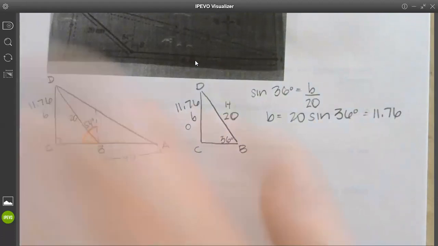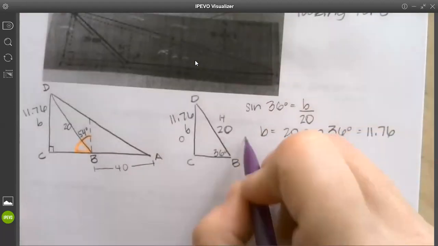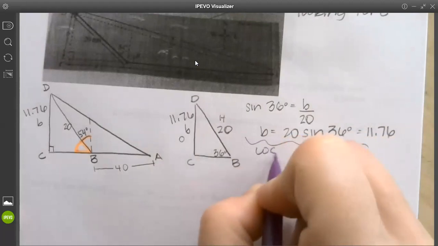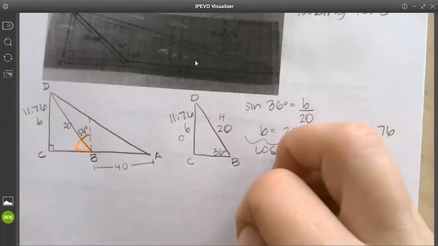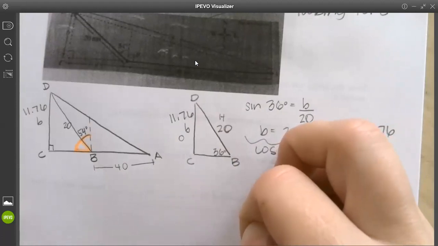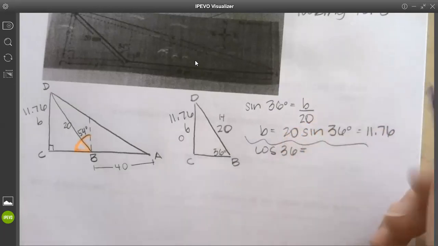The reason that's important is so I can get the bottom. I need the bottom as well. Solving this whole triangle, how do I get the bottom? You can do cosine. Cosine of 36 equals, how do we do cosine?